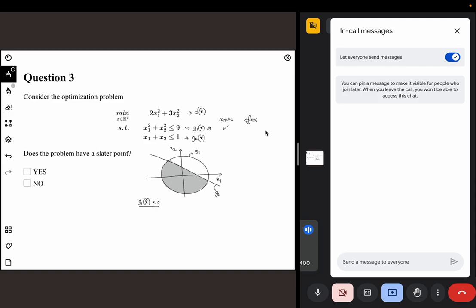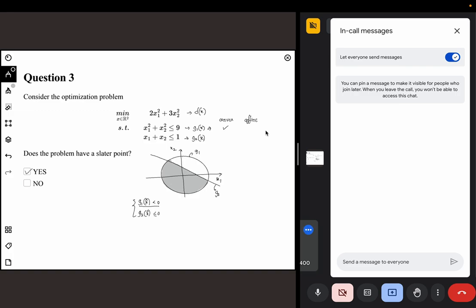And similarly, for all those same points, I will have G2 also less than 0. And for all the points on this line, I will have it equal to 0. So these conditions are satisfied. Whatever point I take inside will actually be a Slater point, right? So this has Slater points.